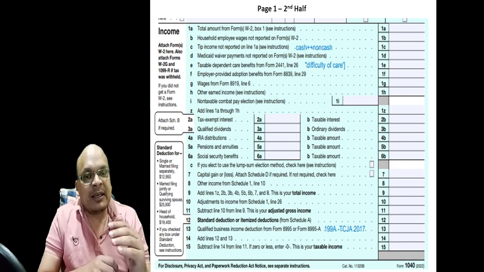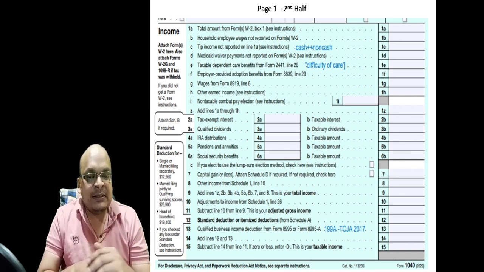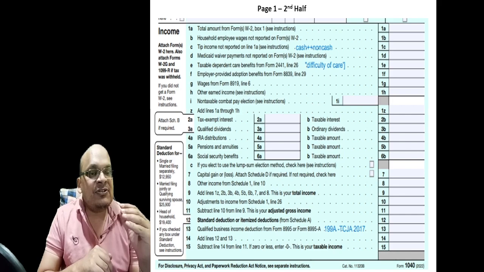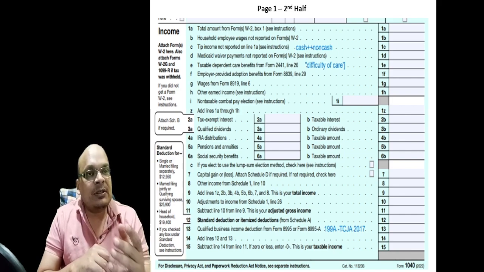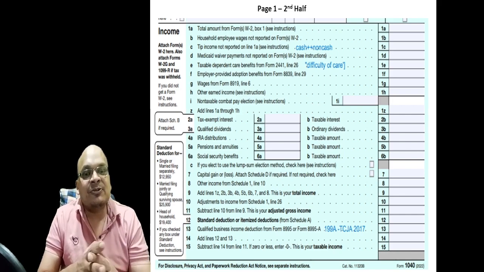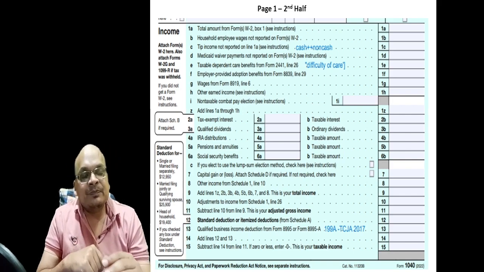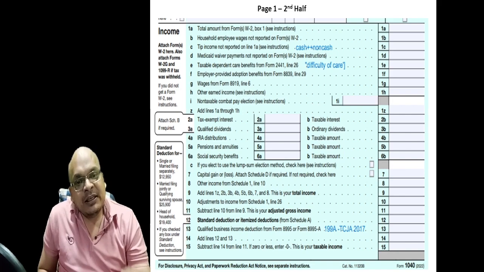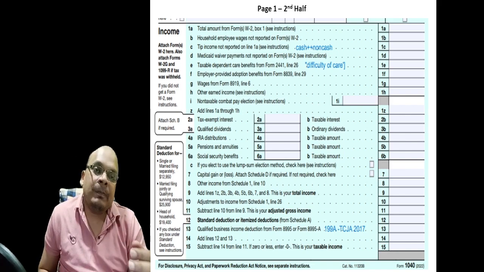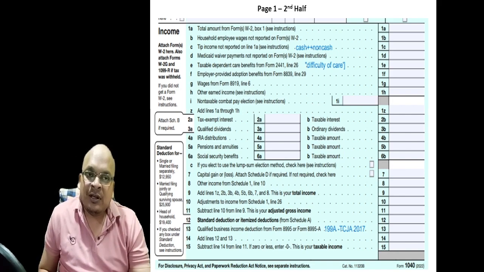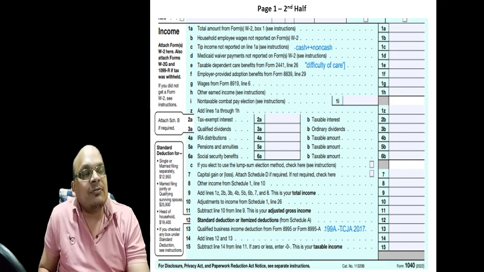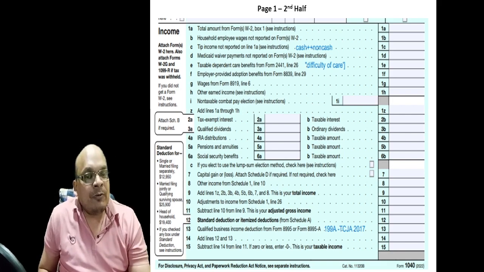If you look from line 1A to line 9, you can see salary income, interest income, other kinds of income, plus capital gains and everything there, right? For those who are studying Part 1, each and every head is covered in your Part 1 Individual. In fact, I can say 99% of the heads are covered, so you don't have to worry about it.